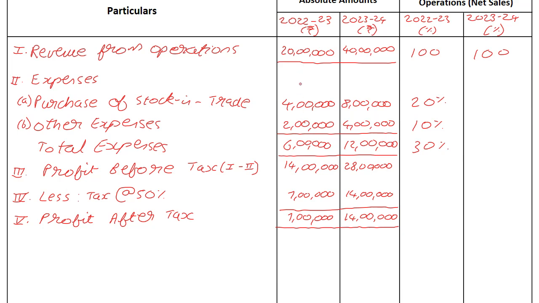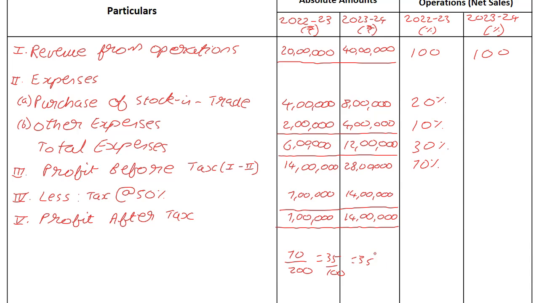It's as good as 14 upon 20, which is 70%. Then we have 7 lakhs upon 20 lakhs. Again, that's as good as saying 70 upon 200, which is 35 upon 100, which is 35%.